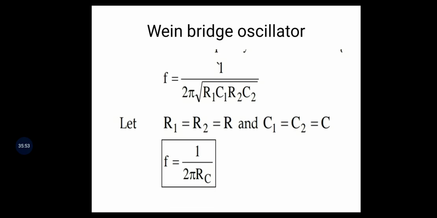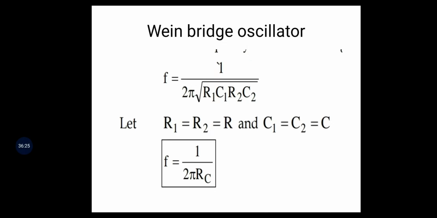Then the frequency of oscillation of the Wien bridge oscillator is F equal to 1 by 2 pi under root of R1 R2 C1 C2.